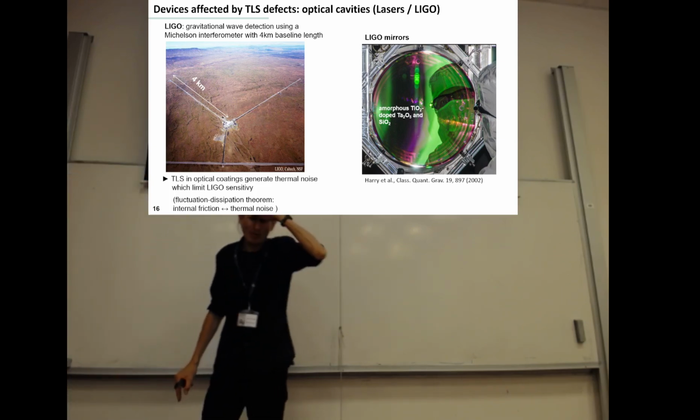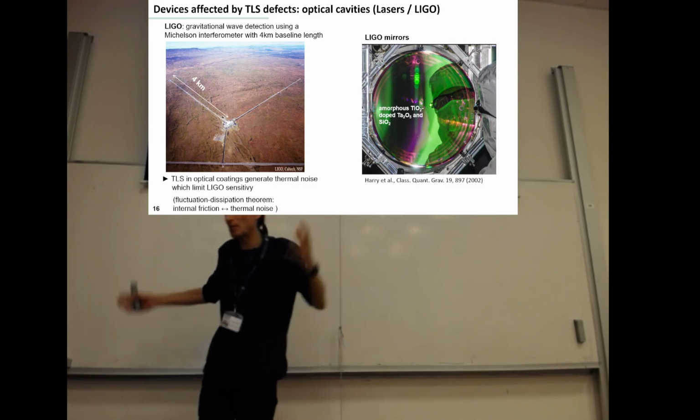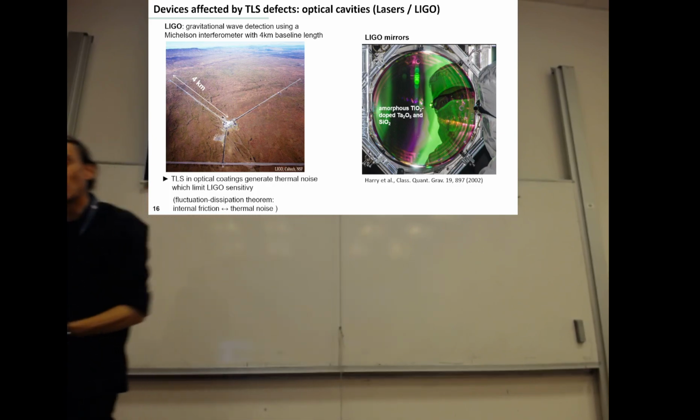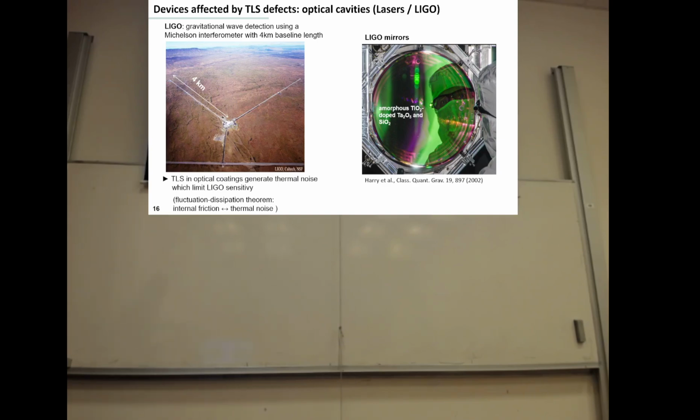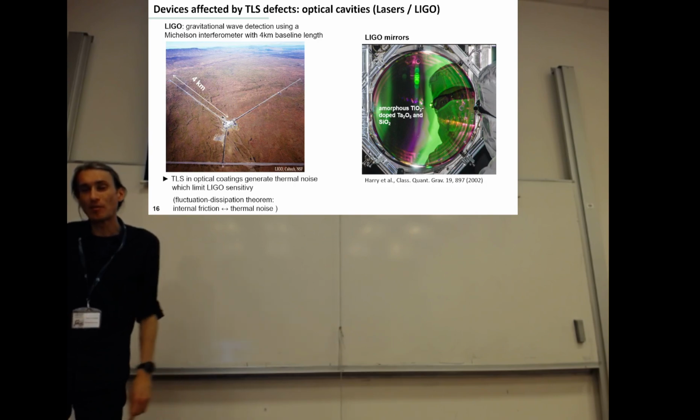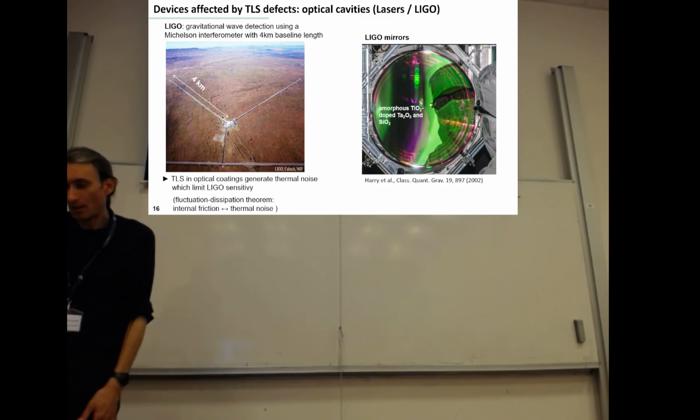And this is somewhat really surprising because, you know, every kind of possible trick has been played to bring this device to its absolute limit, which is also necessary to find these gravitational waves, and TLS also here is one problem.